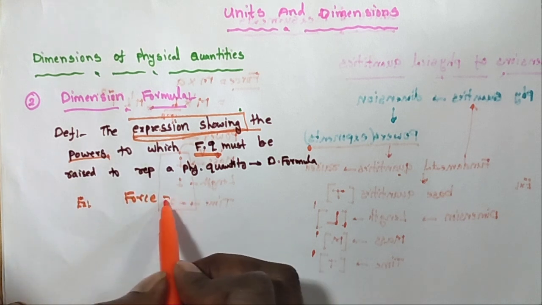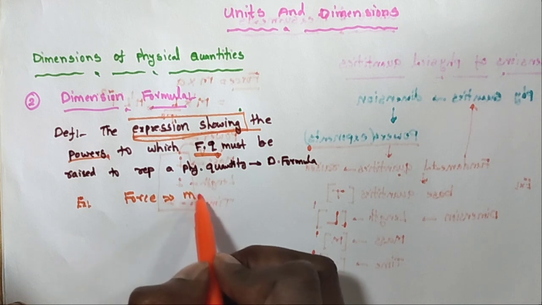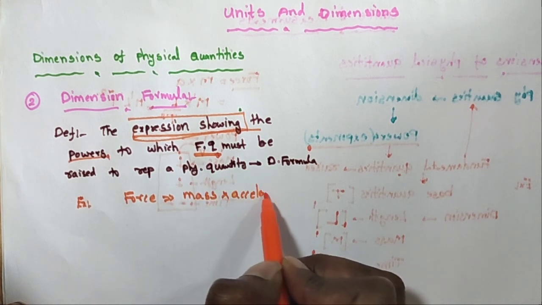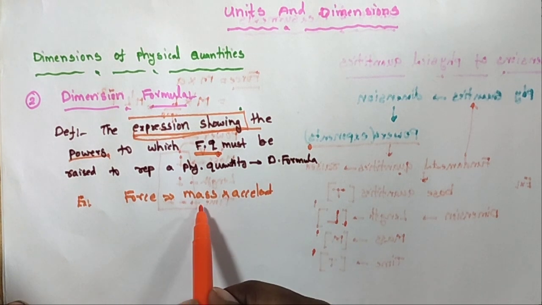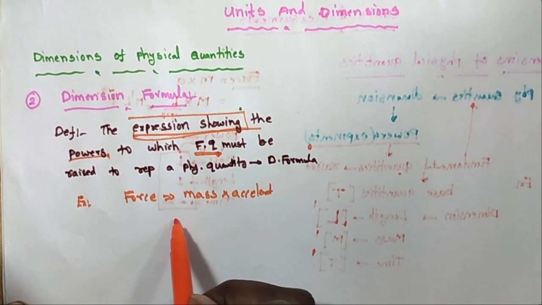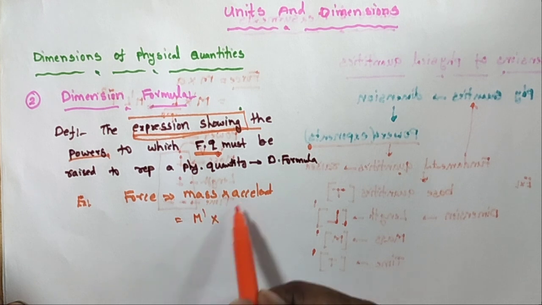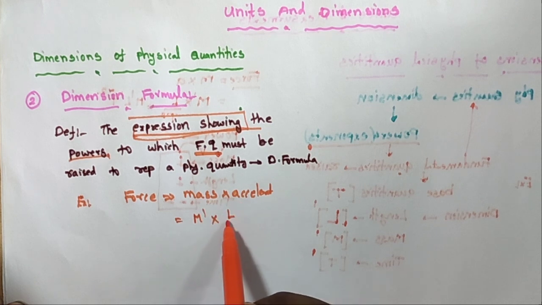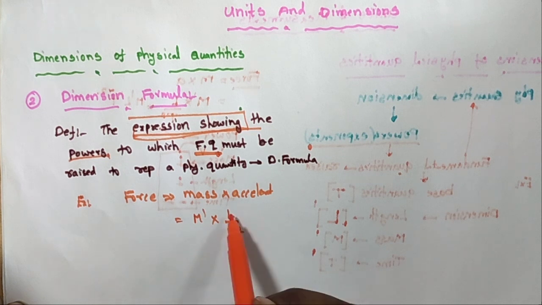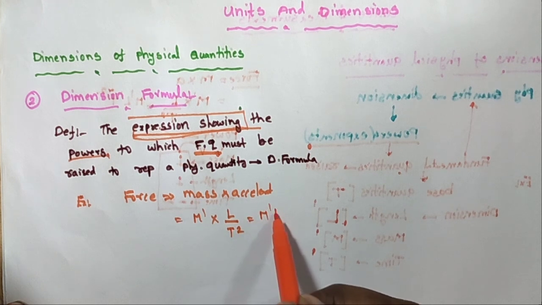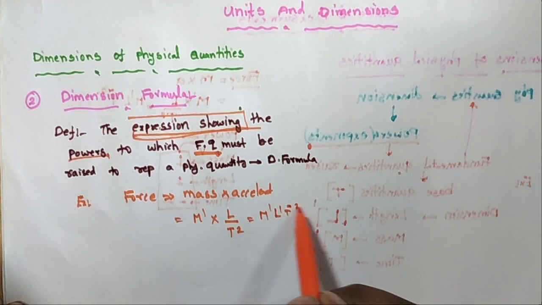Force is equal to mass into acceleration. What is the dimension of the mass? M1, and acceleration means change in velocity by time, so that is L by T squared. I will explain how we come to L by T squared. Finally you get M1 L1 T minus 2.